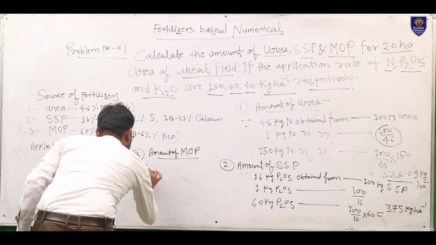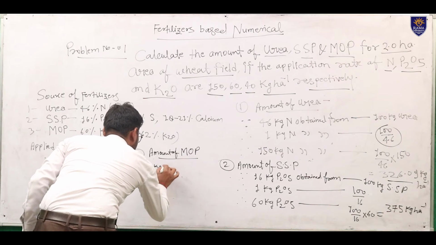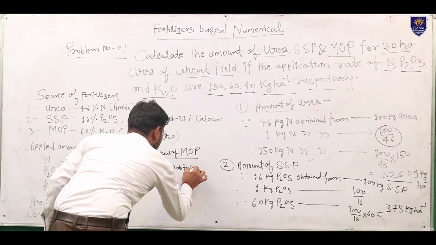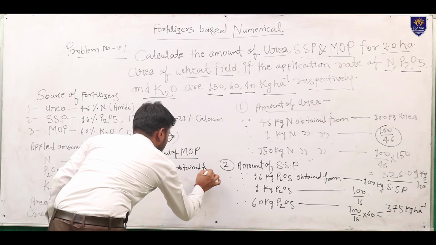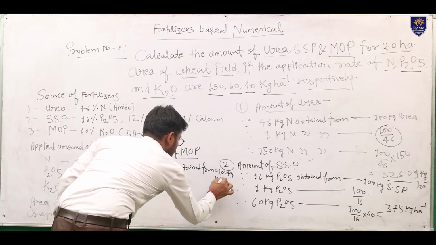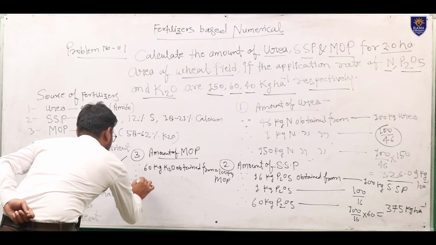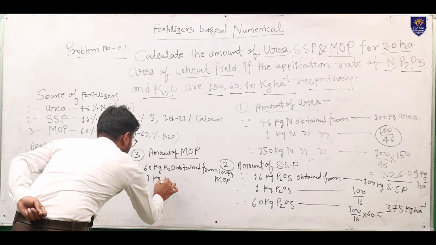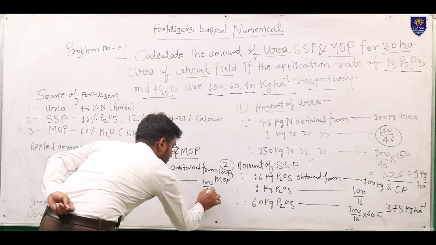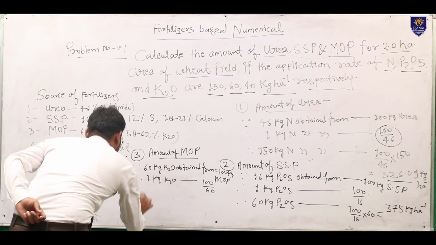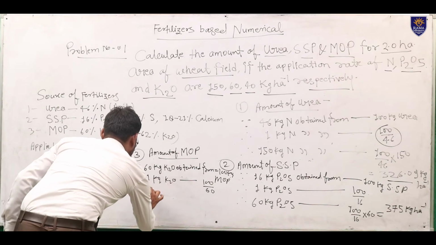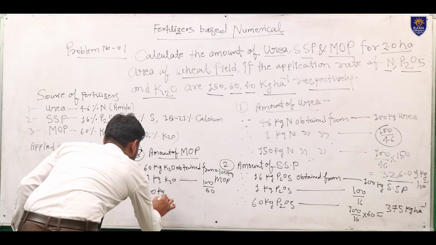We know that 60 kg K2O is obtained from 100 kg MOP, and 1 kg K2O is obtained from 100 divided by 60. Now we want to apply 40 kg potassium, meaning 40 kg K2O.